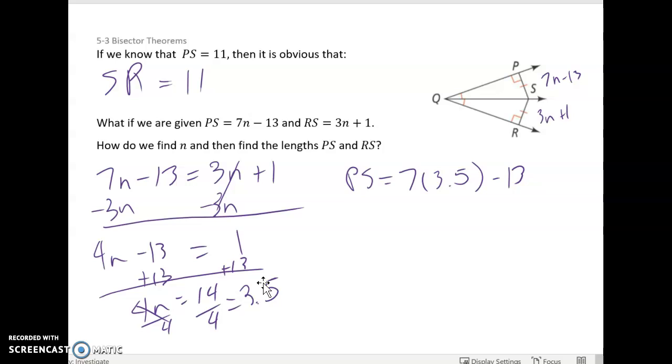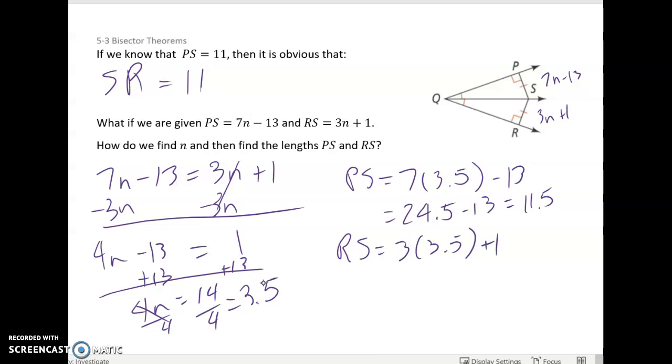Okay. 7 times 3.5 is 24.5. Minus 13 is 11.5. Okay? You can also show it by RS equals 3 times 3.5 plus 1.